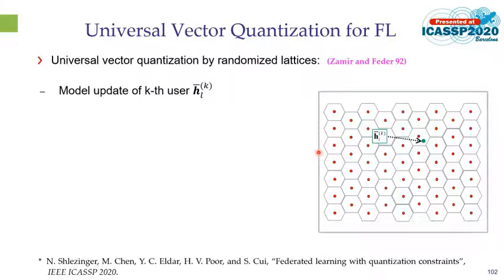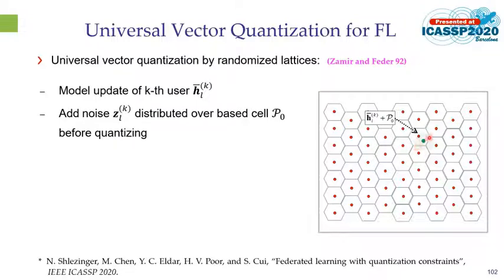Let us assume that the model update we're now trying to convey is a vector which lies somewhere here. What randomized lattices do is, we first draw a cell around the quantity we're trying to quantize, and we randomize a dither signal, which can be treated as noise, somewhere in that cell, such that the resulting value moves from the point of the model update to this point.